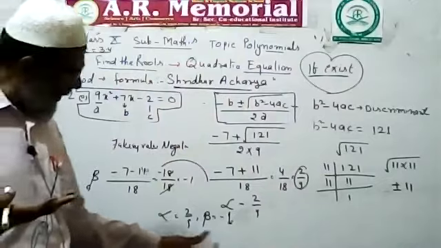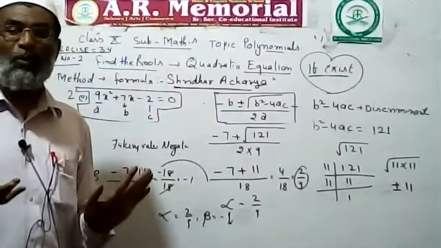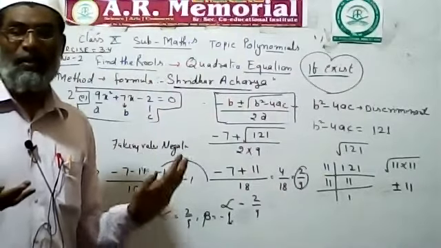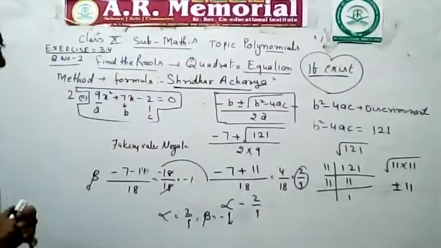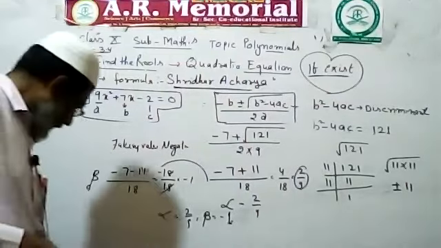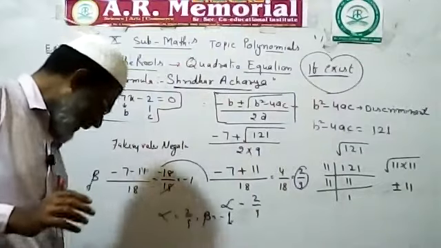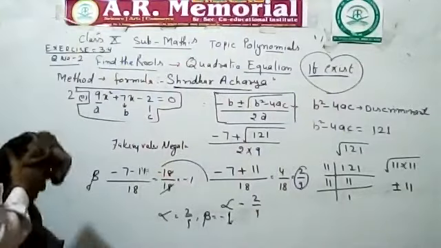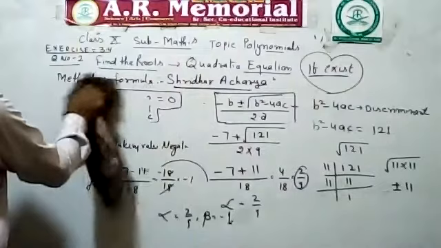So here alpha and beta, 2 roots are there, real and distinct. Yes, look, and I will go to the further question. Same topic, same question. I change only the part of the question.